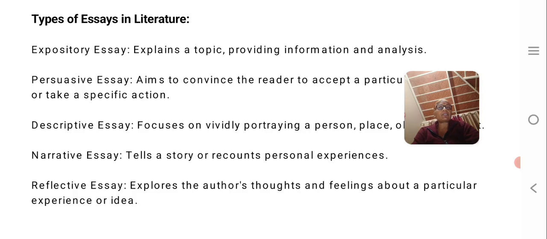A descriptive essay focuses on vividly portraying a person, place, object, or event. A narrative essay tells a story or recounts personal experiences. A reflective essay explores the author's thoughts and feelings about a particular experience or idea. Many types will be there. You can come across some of these types in your journey of literature.